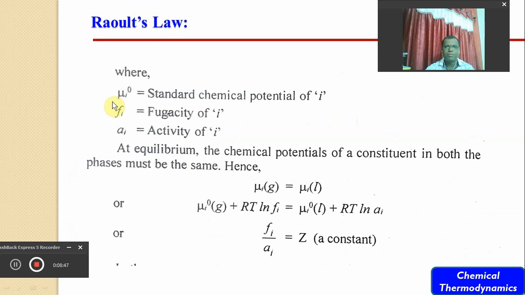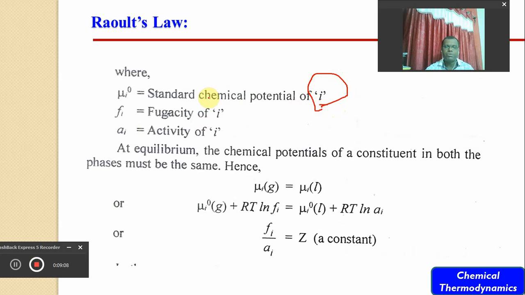Here you can see the meaning of the symbols that we used. Mu i zero is the standard chemical potential of any particular i component. This is a general component, because the system may consist of one, two, three or more components.